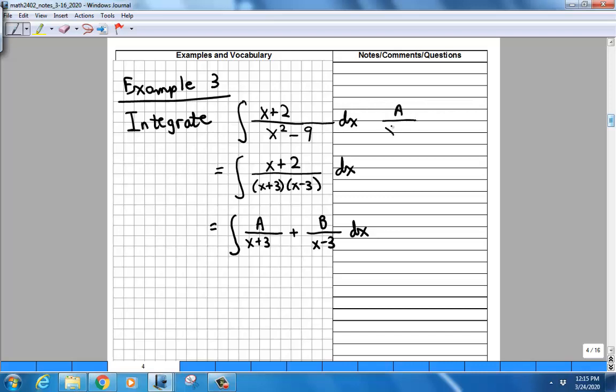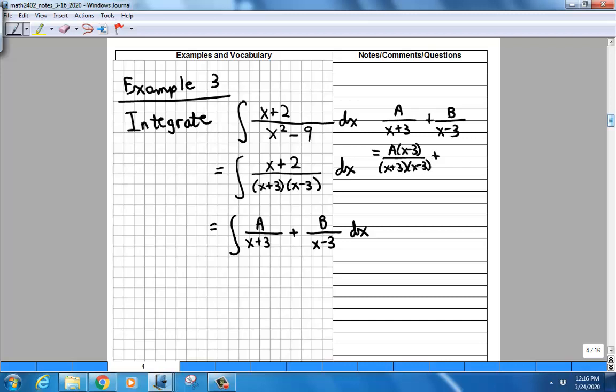So I'm going to take A over x plus 3, and add that to B over x minus 3, and your common denominator for adding these two fractions will be x plus 3 times x minus 3. So you've got to build up these two fractions to have this common denominator, and you do that easily. Multiply the first fraction by x minus 3 over x minus 3.